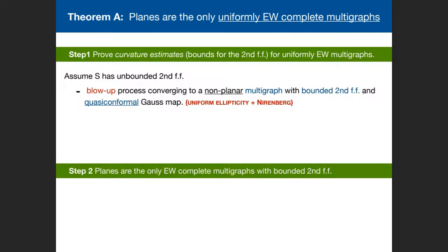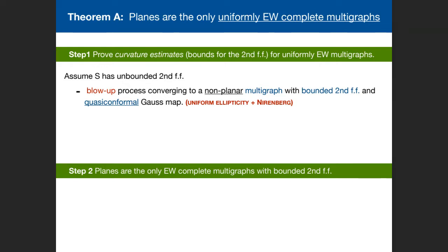In this case, what we can prove is that we converge to a multigraph with bounded second fundamental form, which is maybe not a Weingarten surface, but has quasi-conformal Gauss map. In order to do this, we use the uniform ellipticity condition and a result by Nirenberg regarding fully nonlinear PDEs in two variables.